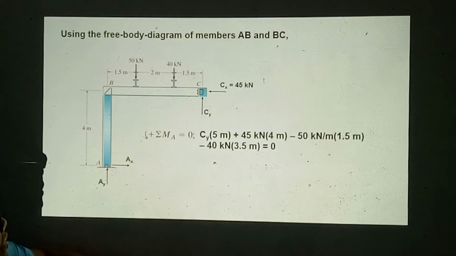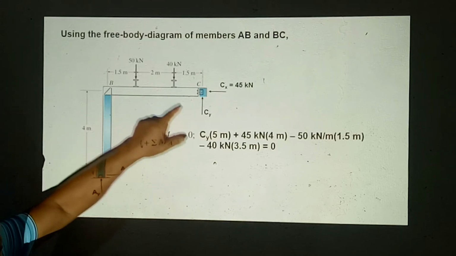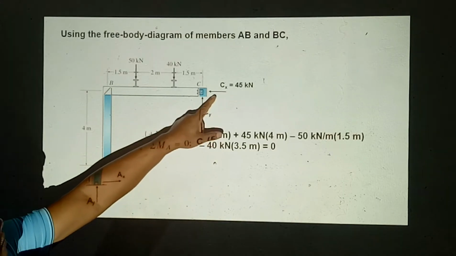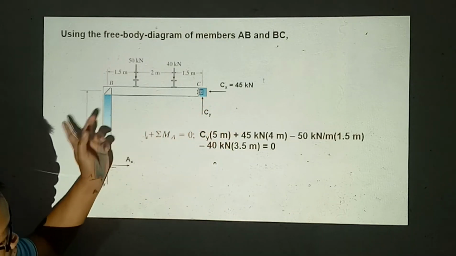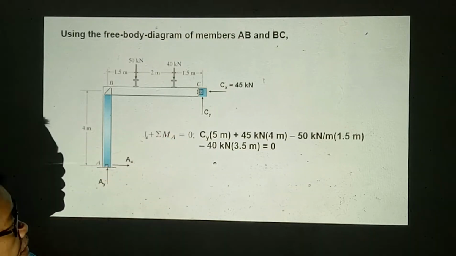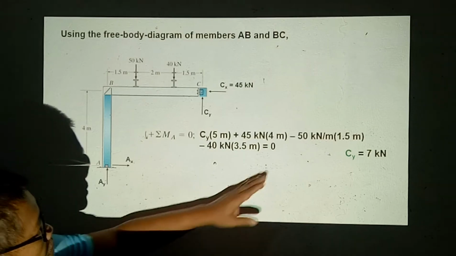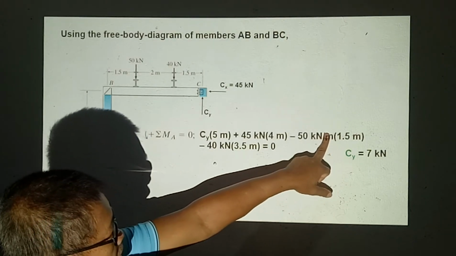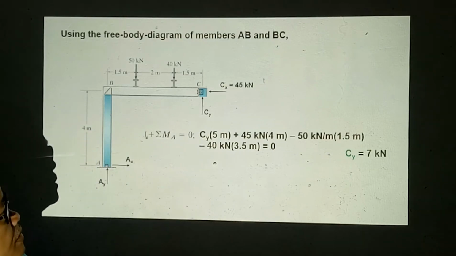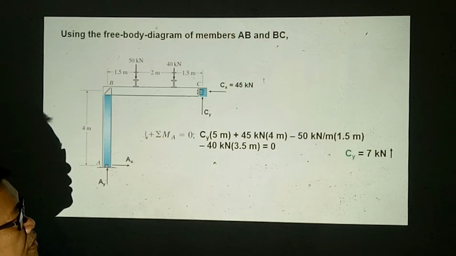Moment summation at joint A: we have Cy times its moment arm, 1.5 plus 1.5 plus 2, is 5 meters, plus the moment of Cx times 4 meters, which is the moment arm of Cx from point A, minus 50 kN times 1.5 meters minus 40 times 3.5 meters. So Cy is 7 kN and directed upward.